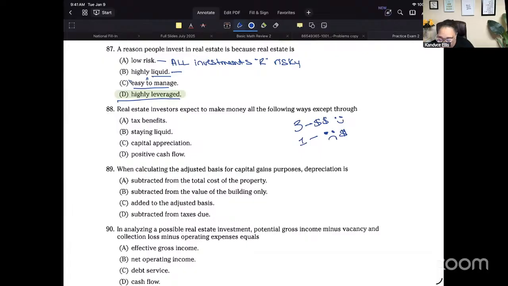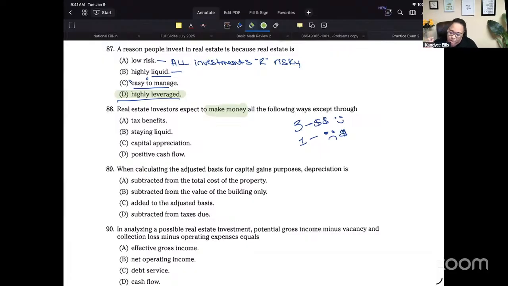Ooh, I know what my guess is. I think the key here is make money. Which one of these doesn't actually make you worth more money or give you more money?